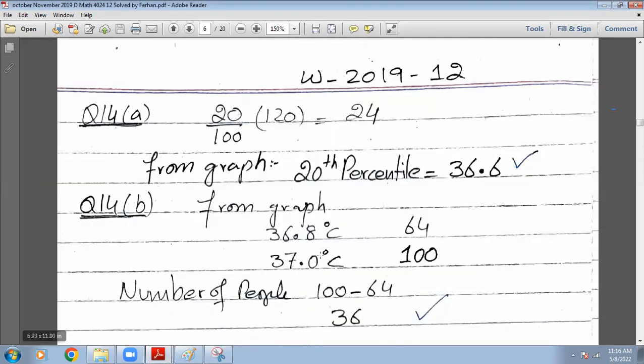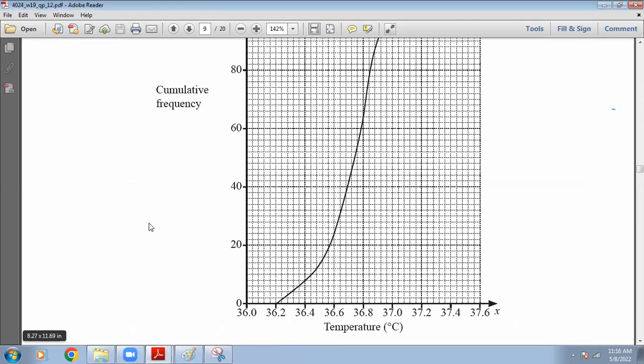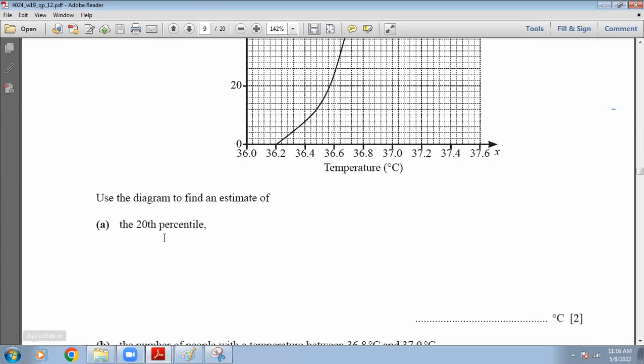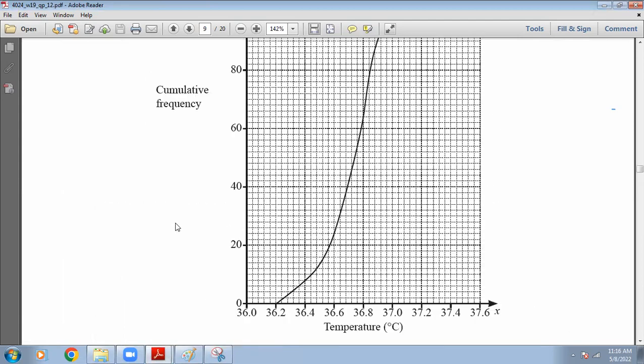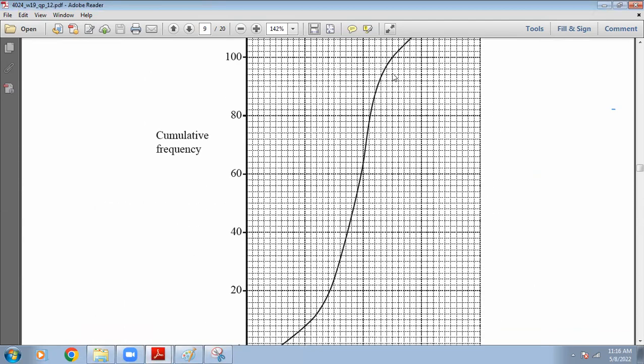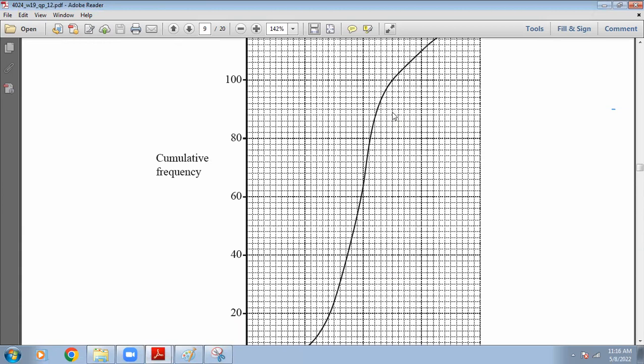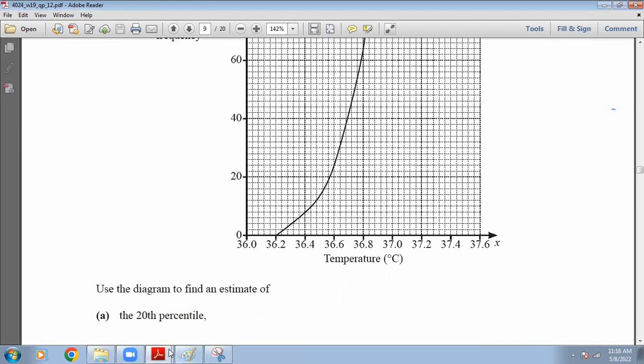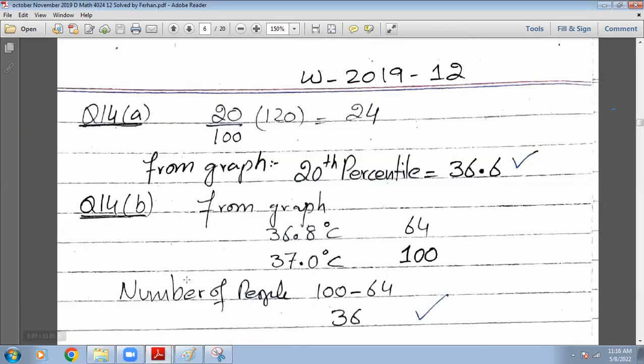Sorry, it's 64. And then what is the next temperature? 37 is here. Go to the graph at 37 and check what the reading is. I think 100. You can check from your graph.